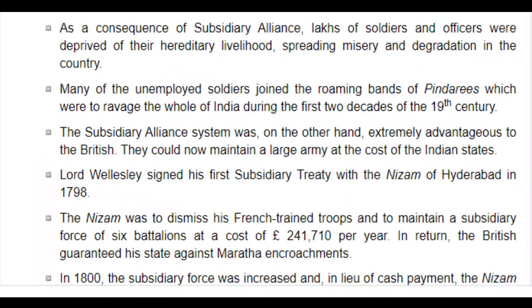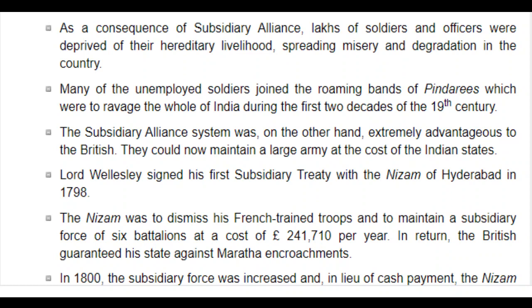As a consequence, meaning as a result of the subsidiary alliance, what happened? Lakhs of soldiers and officers were deprived of their hereditary livelihood, spreading misery and degradation in the country. So in the entire country, what happened? They were deprived of their hereditary livelihood.